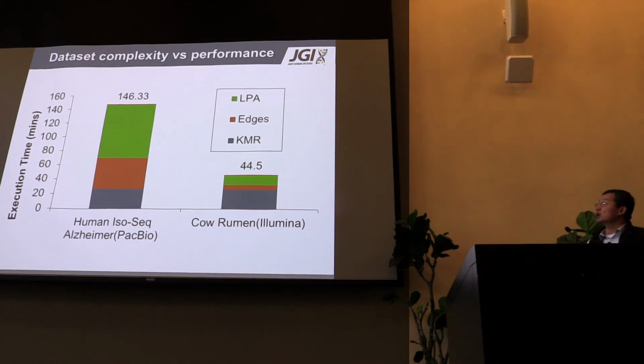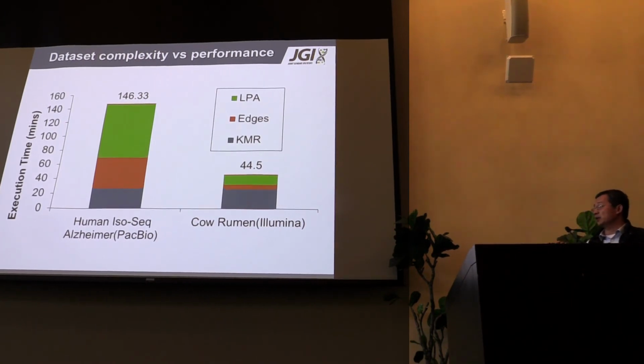We do observe very different performance when we run the applications on different data sets. For the human PacBio data set, because we sequenced some of the books with many copies, there are a lot of connections, and you can see especially the LPA stage takes a long time to partition the graph.